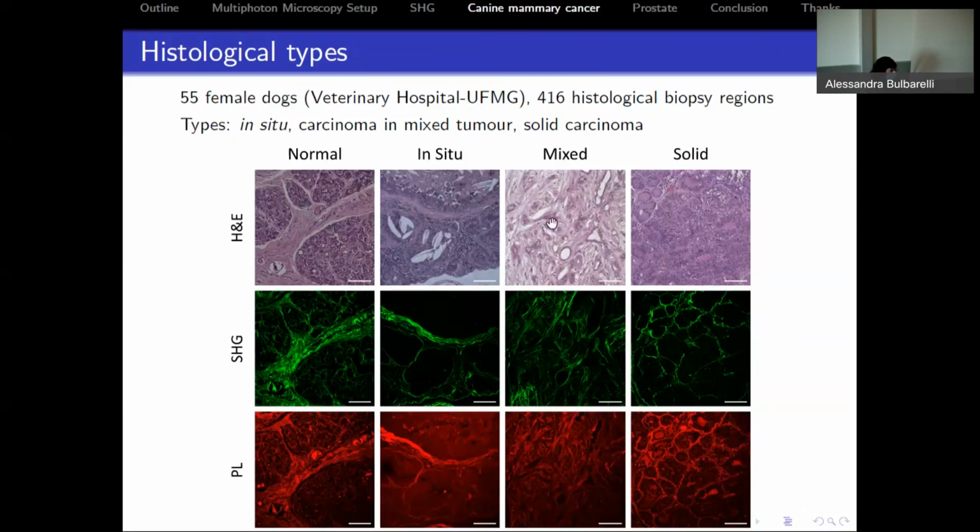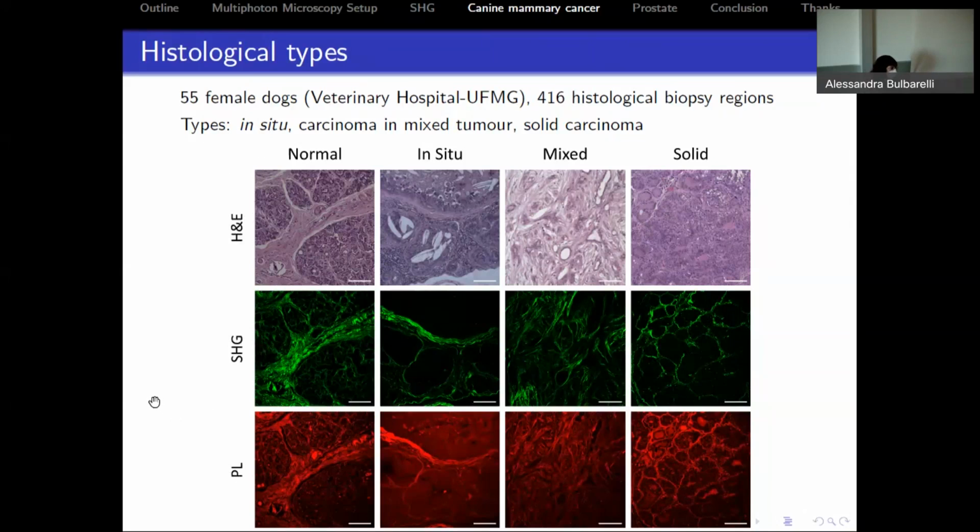Those are the examples of the HE biopsy areas. In this second line, I'm showing the second harmonic intensity image on the same area, and the photoluminescence image in the same position.